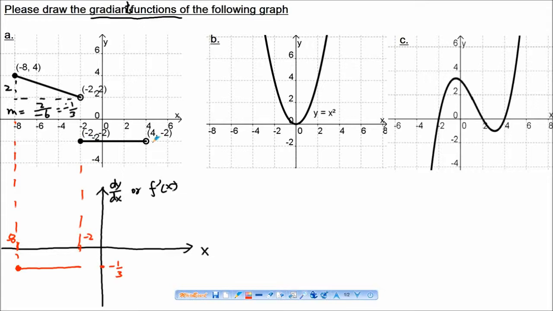The second part of your original graph is a horizontal straight line. The gradient of a horizontal straight line is 0. So what you need is to draw a line from -2 to +4.